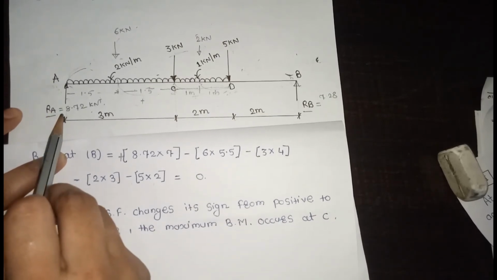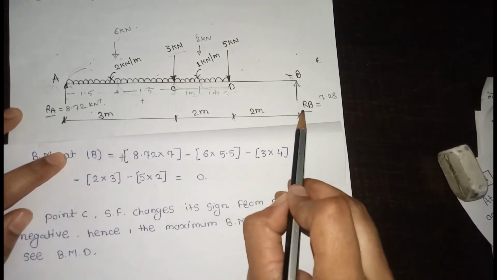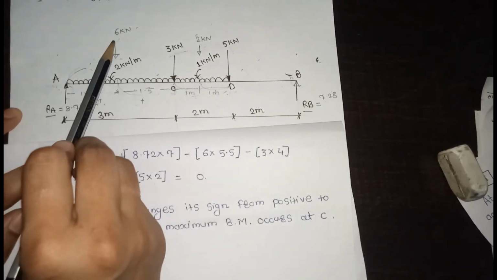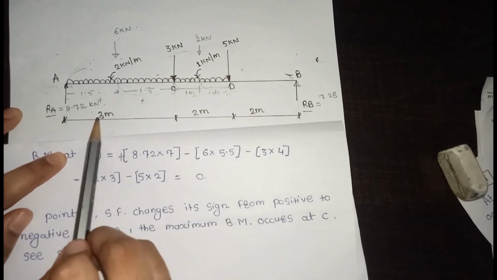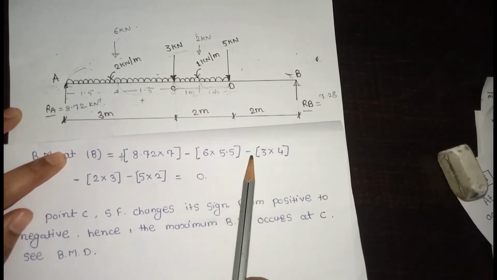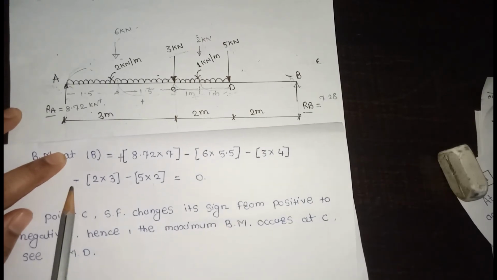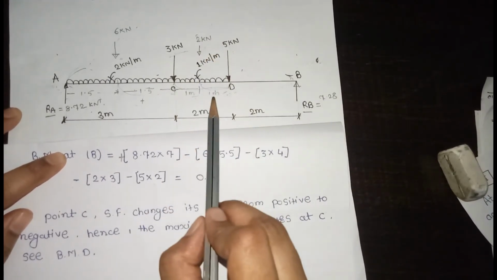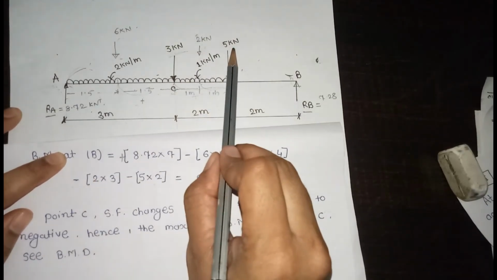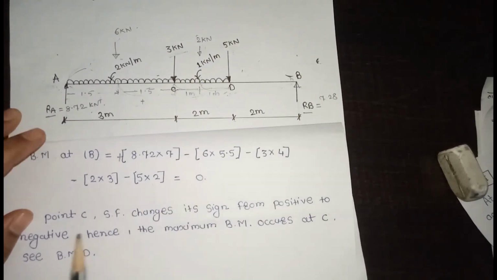What is the value of first force? 8.72 into perpendicular distance, total span 7, minus 6 into 1.5 plus 2 means 5.5. Then minus third force 3 into perpendicular distance 4, minus 2 into perpendicular distance 1 plus 2 means 3. Then minus 5 into perpendicular distance 2 is equal to 0.